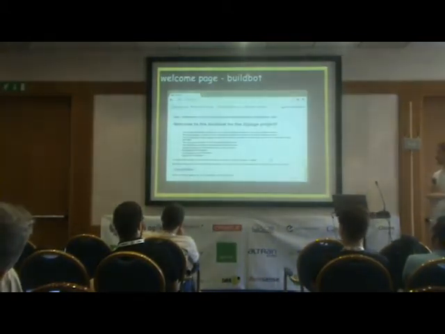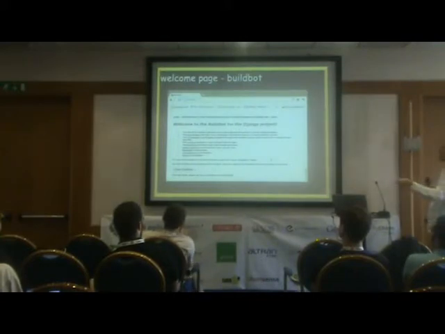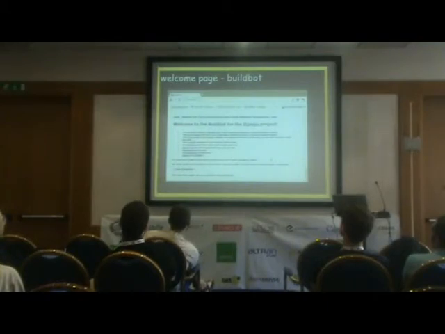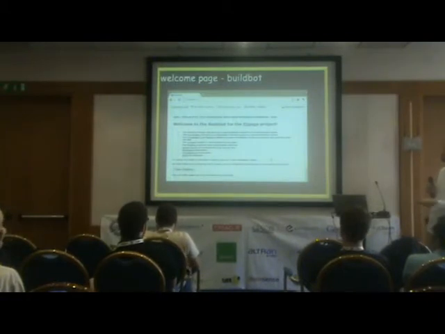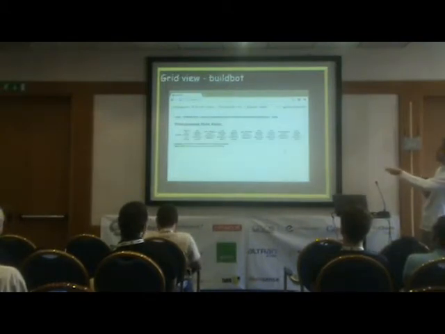This is the result. The master, when it starts, has an HTTP interface that shows you which are the builders and which slaves are connected, and a lot more. You can see, for example, in this grid view, a lot of different slaves.